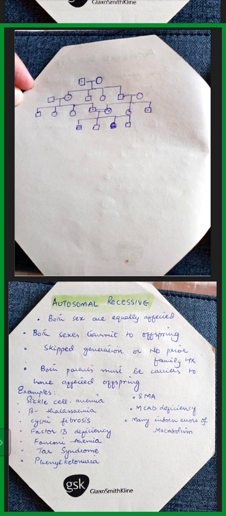The examples are sickle cell anemia, beta thalassemia, cystic fibrosis, factor 13 deficiency, Fanconi anemia, TAR syndrome, phenylketonuria, SMA, MKID deficiency, and many inborn errors of metabolism.